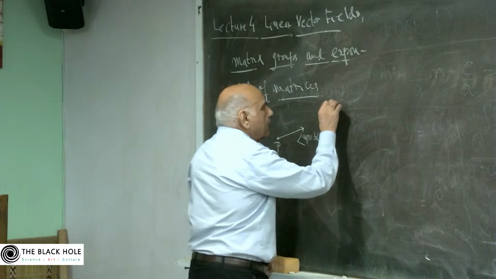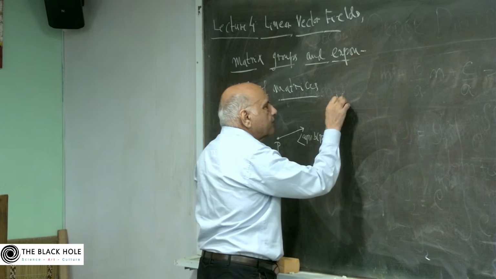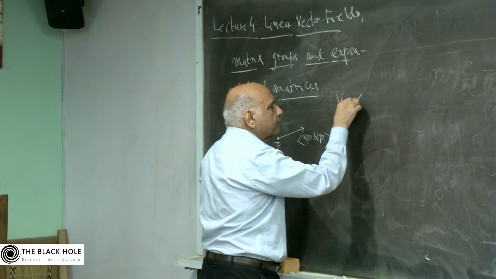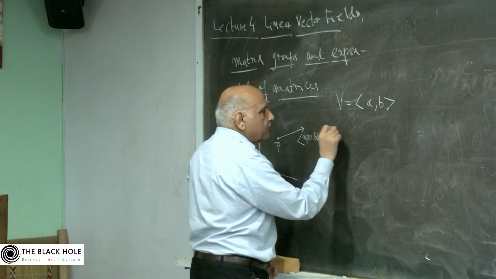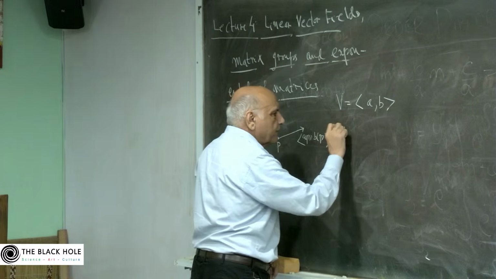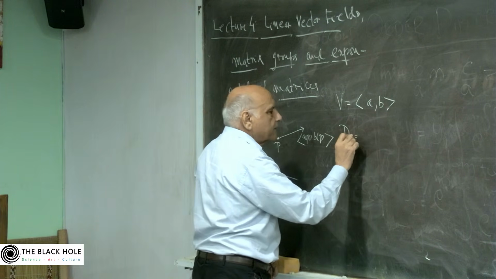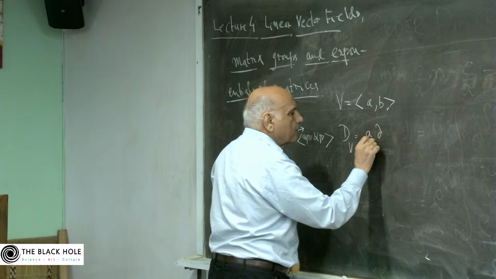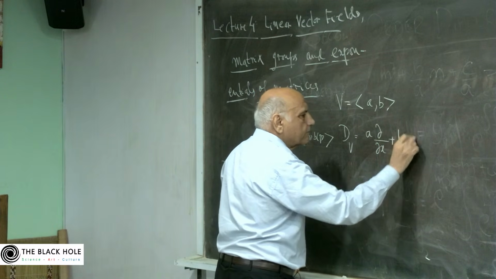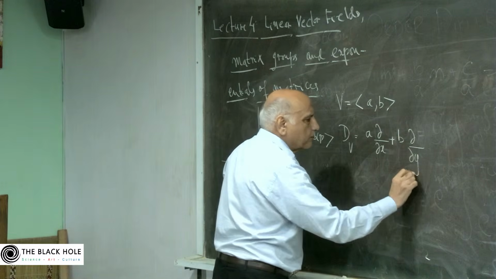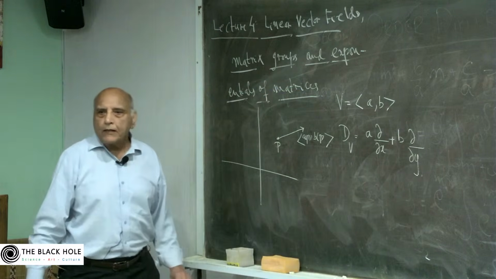So if the vector field V has components A and B, this gives rise to the differential operator D_V, which is A times partial by partial x plus B times partial by partial y, right?